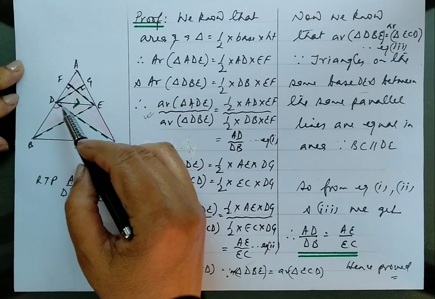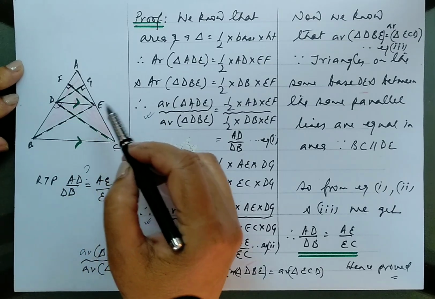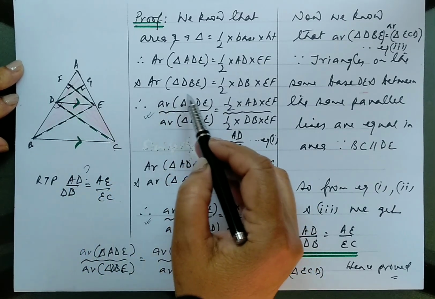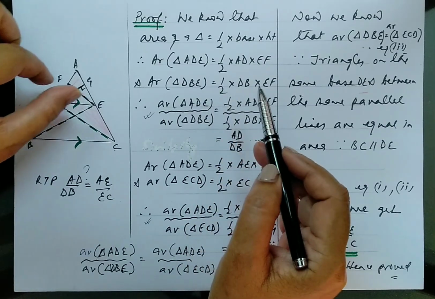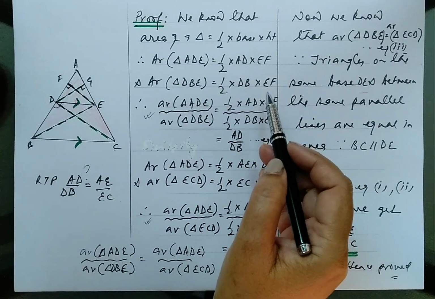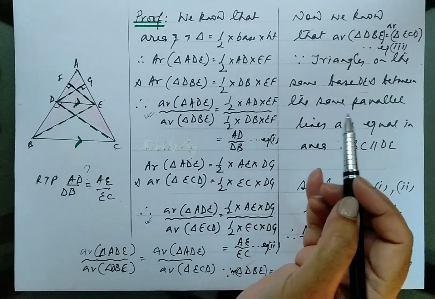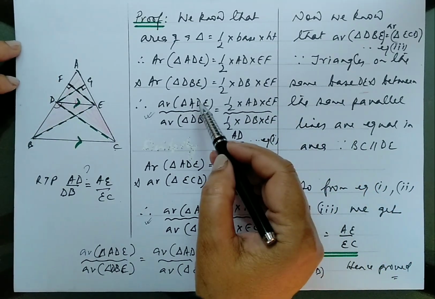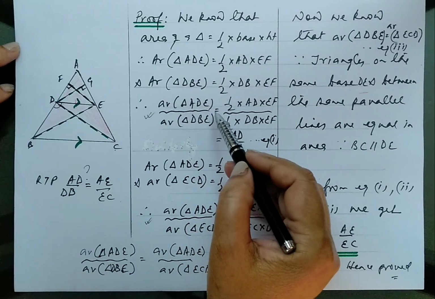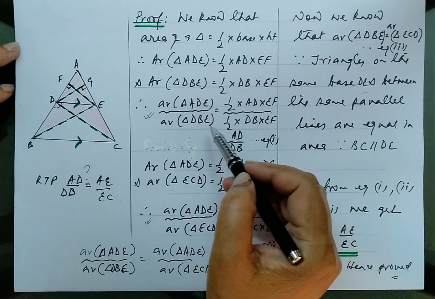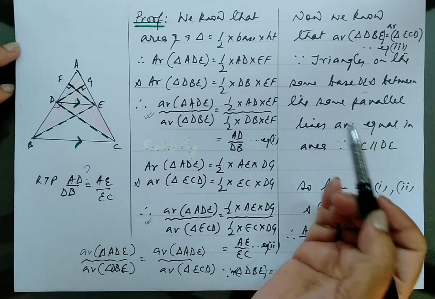Now we find the area of DBE, which is equal to half into DB upon EF, base into height. Next, we try and find the ratio of ADE and DBE area wise, right?